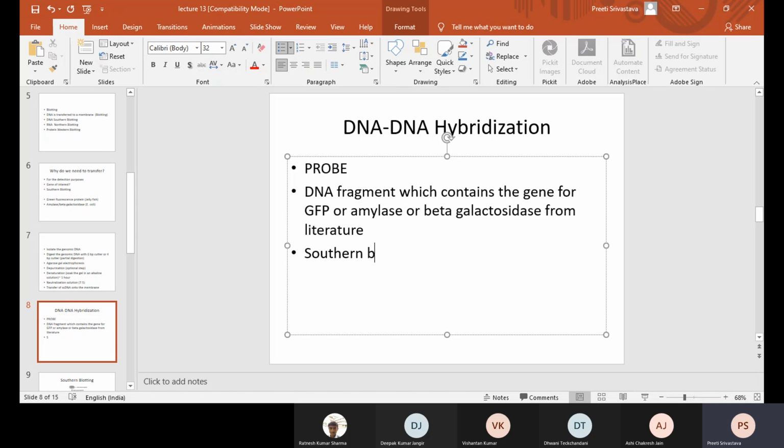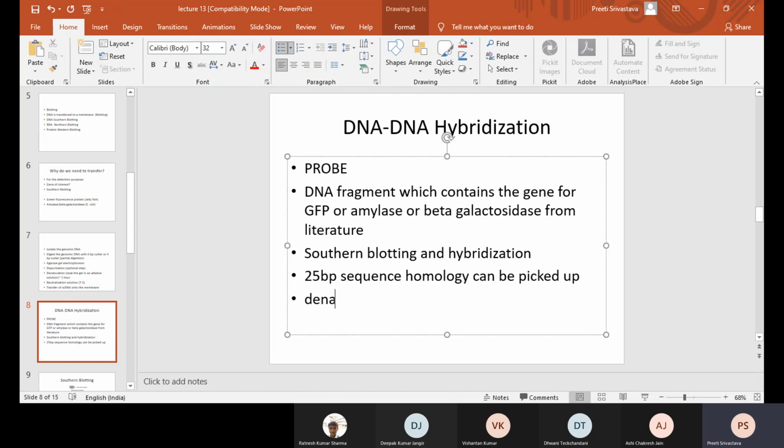For Southern blotting, 5 base pairs of sequence homology can be picked up. 25 base pairs or even more homology can be easily picked up. So in this case, what you are doing is you are taking a probe which is actually a DNA fragment which contains the desired gene, right?